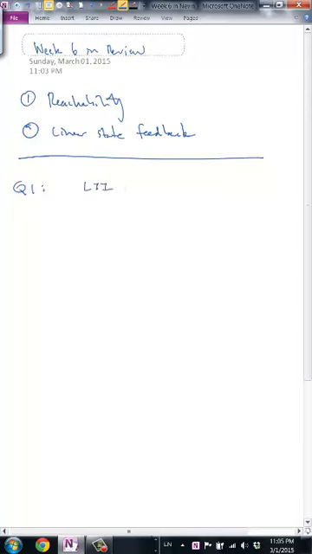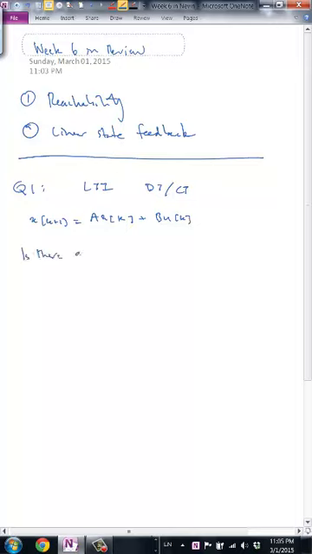Given an LTI system in discrete time or continuous time, for convenience here I'll just write the discrete time version: x of k plus 1 is equal to A x of k plus B u of k.